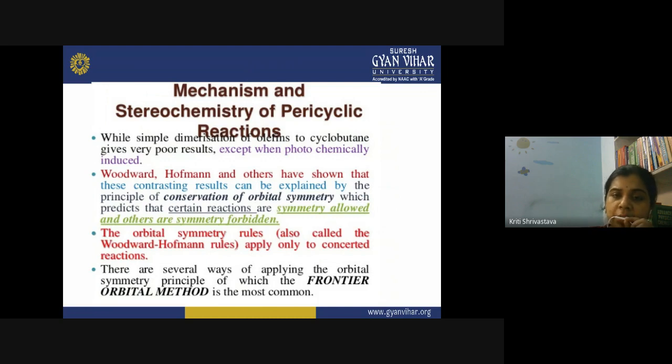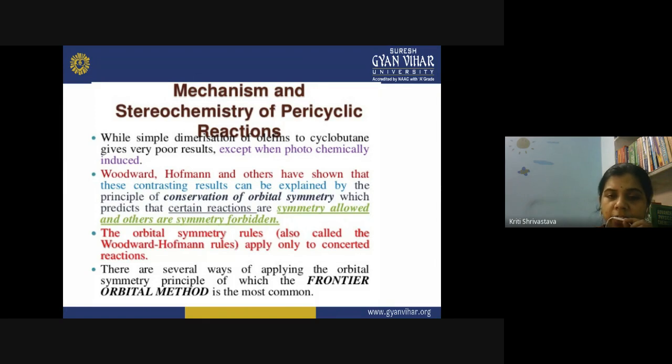So these reactions were symmetry allowed in case of light and symmetry forbidden in case of heat. When the reaction is possible due to the symmetry of orbitals, we call it a symmetry allowed reaction. And when just because of the symmetry of the orbitals, the reaction is not possible, we call it a symmetry forbidden reaction.